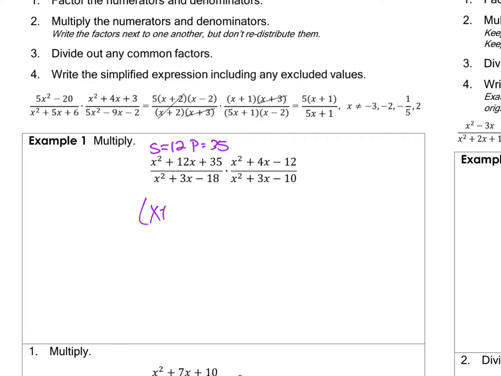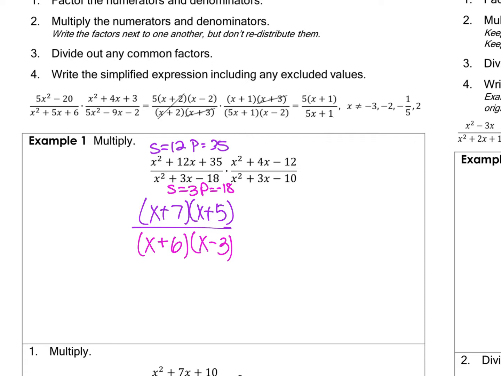So that would be x plus 7, x plus 5. And then looking at your denominator there, the sum is 3, product is negative 18. So that would be x plus 6 and x minus 3. Multiplies to negative 18, adds to positive 3.